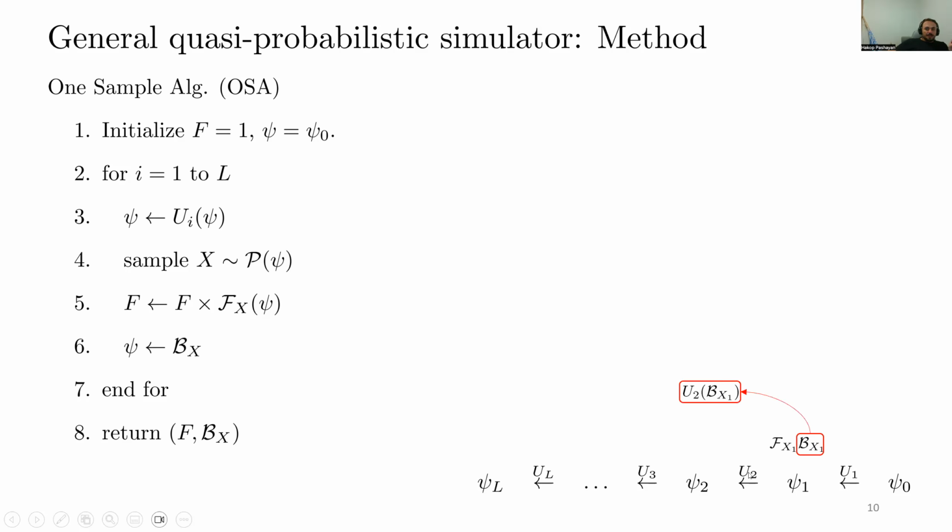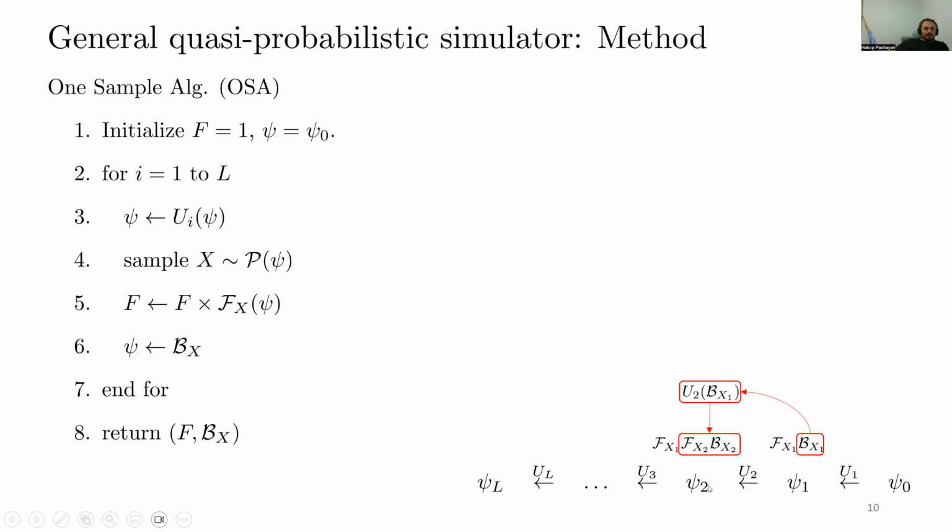And this thing we're going to treat as our new state, this phase point operator. When we apply u2, we apply u2 to this phase point operator. And now we get some new operator, but this is going to get complicated real quick too. So what we do is we sample from this new operator to get a new phase point operator at x2 and a new factor f of x2.